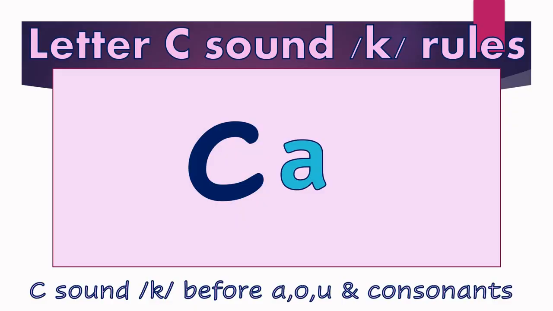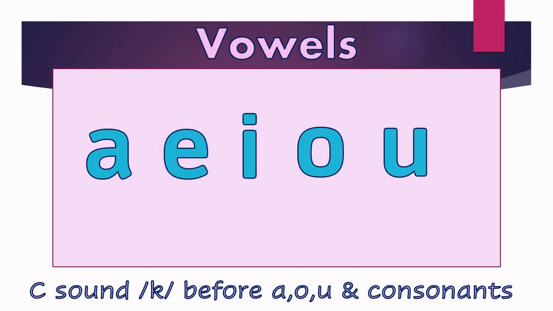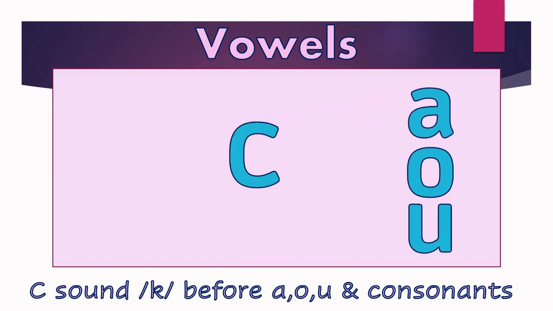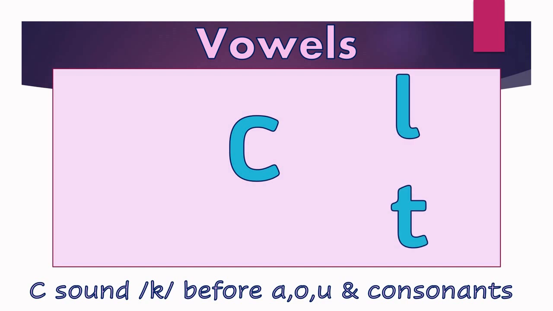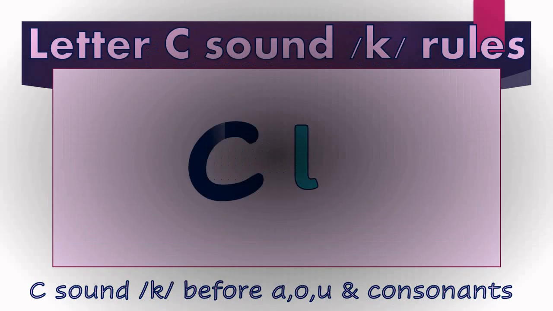C says k if C is followed by letter A. K. And C also says k if followed by letter O. K. C also says k if followed by letter U. K. And along with A, O, U, C says k if followed by any consonant like L, M, T. Let's take an example.